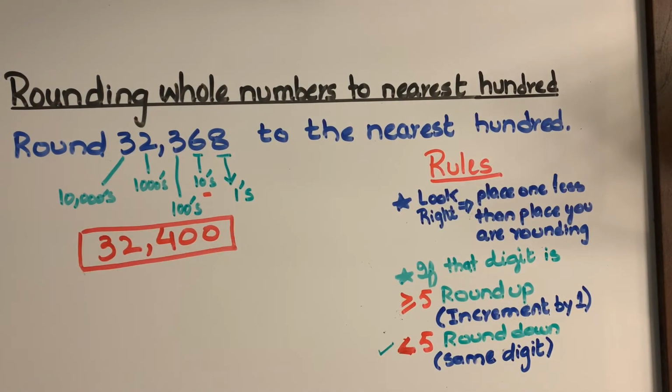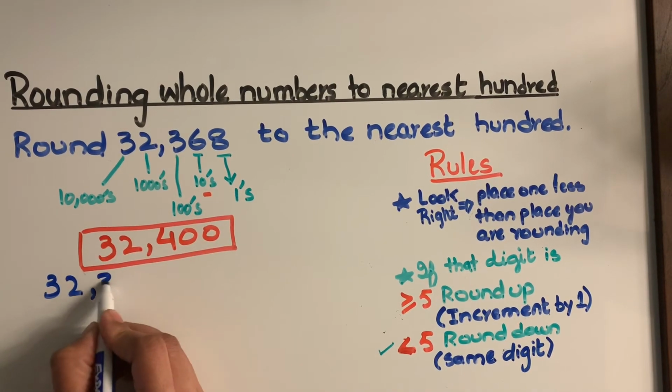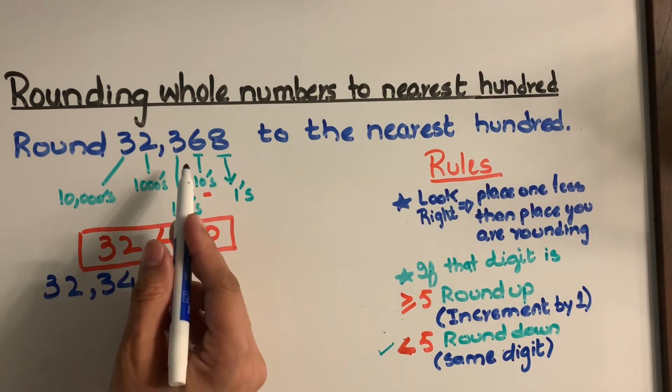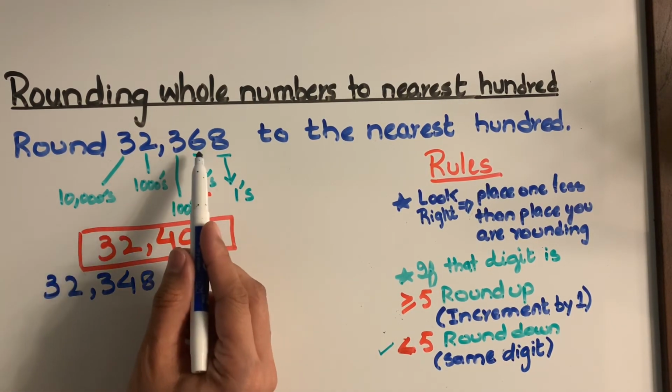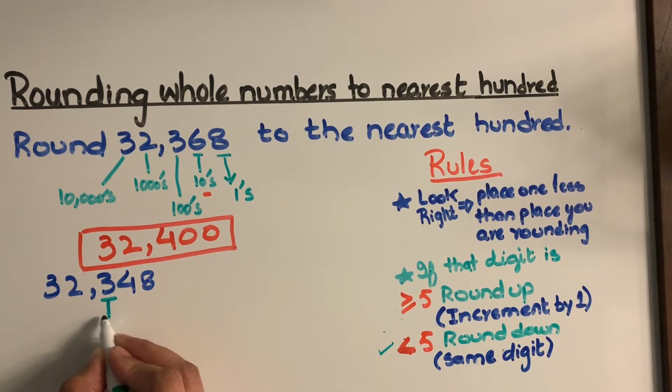Let's take another example. Suppose we have to round 32,348. This is a little bit different example from this one. Here we had 368 and here we have 348. We have to round this number to the nearest 100. So first of all, we should look at the hundreds place. This is the hundreds place.